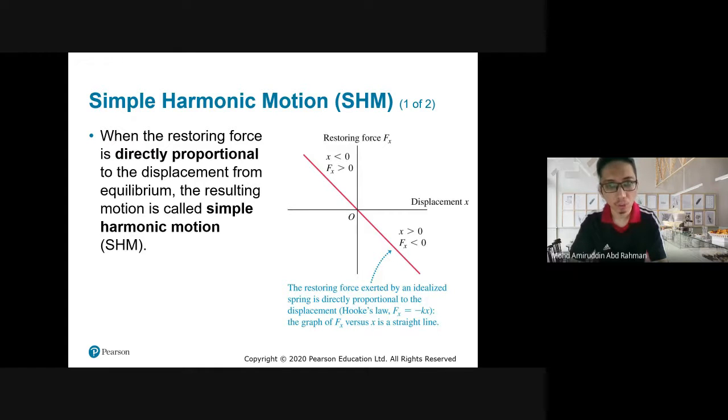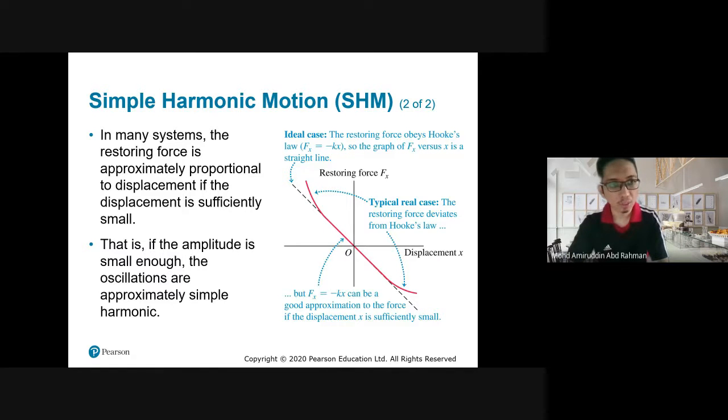This is where we obtain Hooke's law: F equals minus kx. That's the relationship between the restoring force and the displacement, which is defined by Hooke's law.